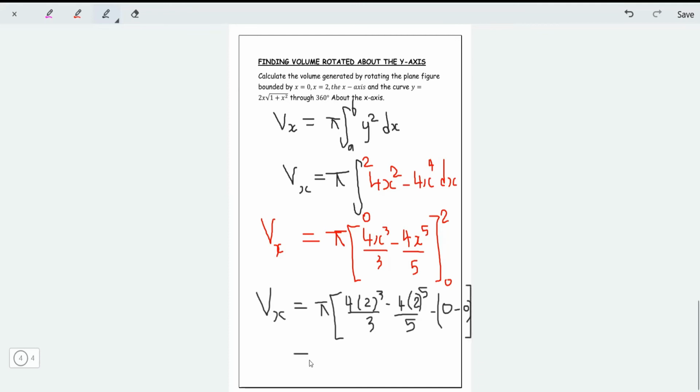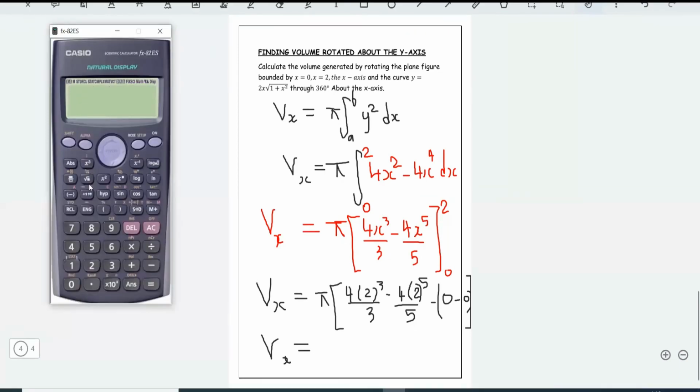So the volume around the x-axis is working out to be, I'm really not up to speed right now, so I'm going to reach for my Superman calculator. I'm getting pi times, this is now a fraction, 4 times 2 cubed over 3 minus, fraction button, 4 times 2 to the 5th over 5.